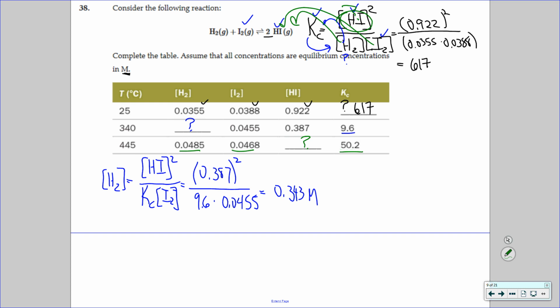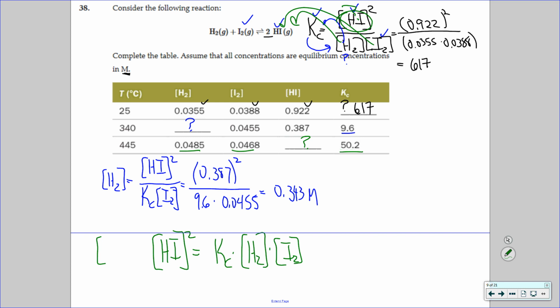That says that the concentration of HI squared is equal to K sub C times the concentration of H2 times the concentration of I2. But I don't want HI squared, I want HI.